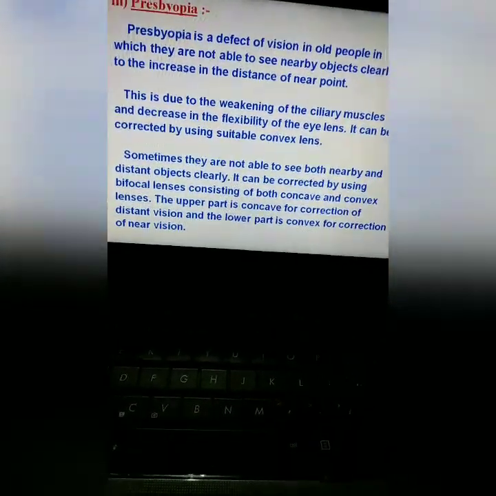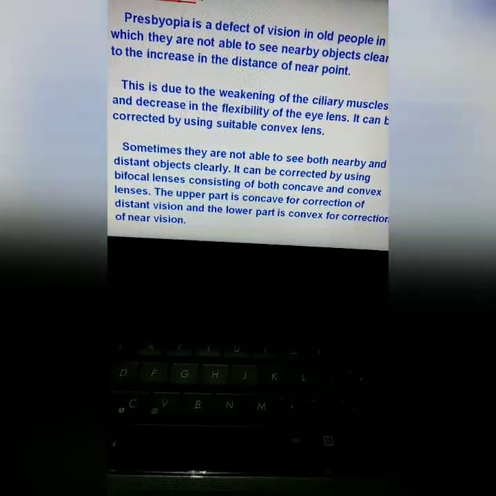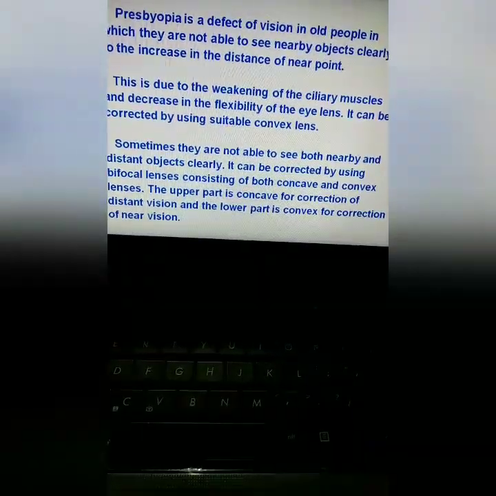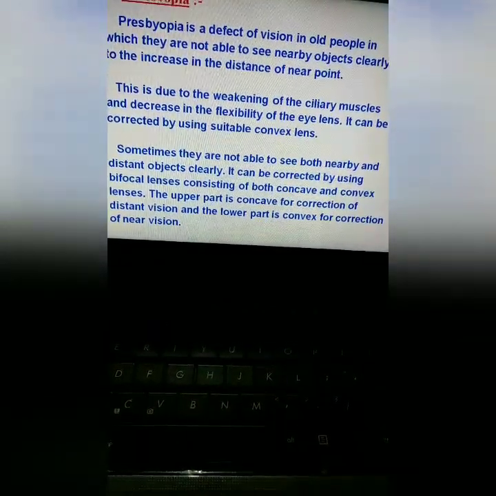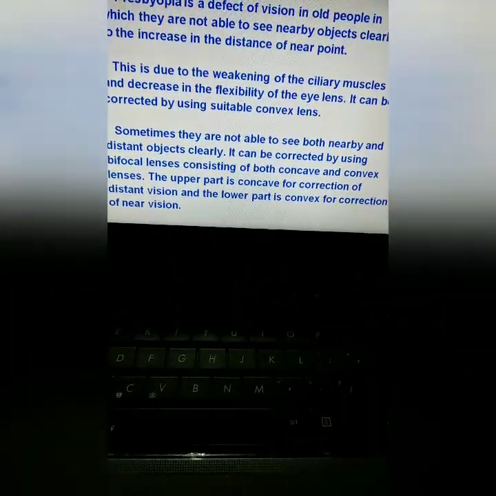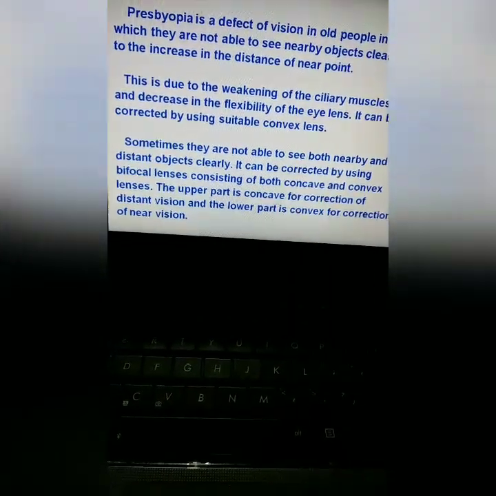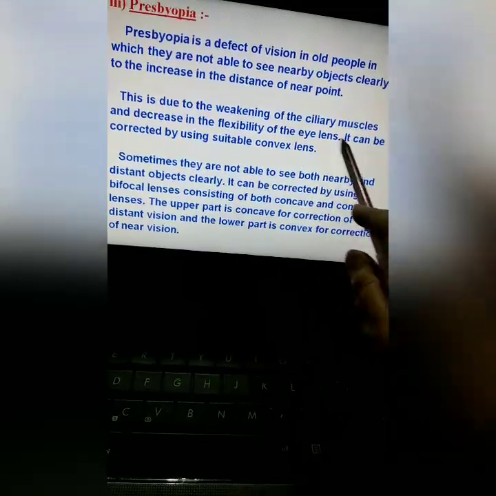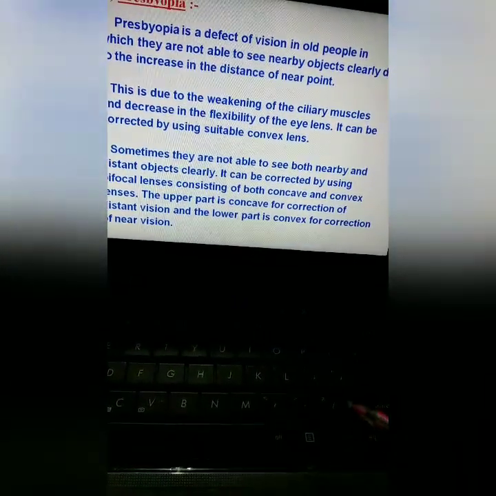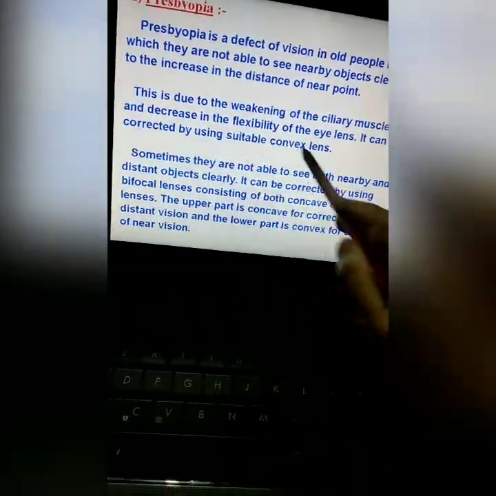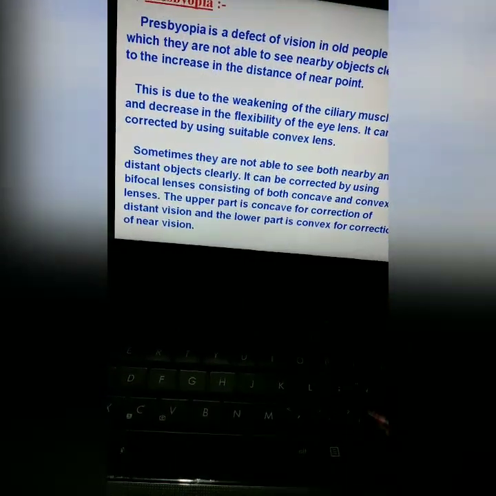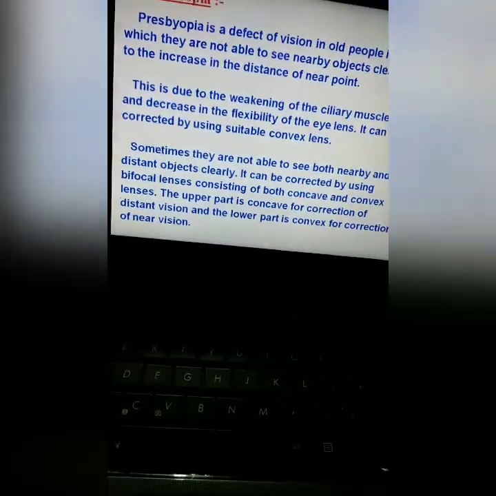But if any person had myopia in the young stage, then when they suffer from presbyopia, they have both defects, seeing near objects and also far objects. This defect is due to the weakening of ciliary muscles because of aging and decrease in the flexibility of the eye lens, as the focal length is not changed, and it can also be corrected by a convex lens.